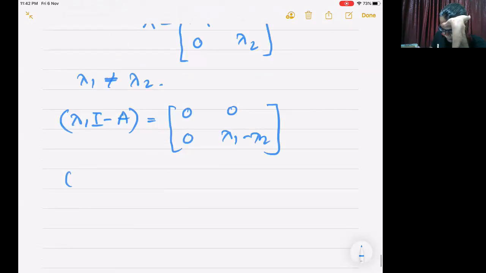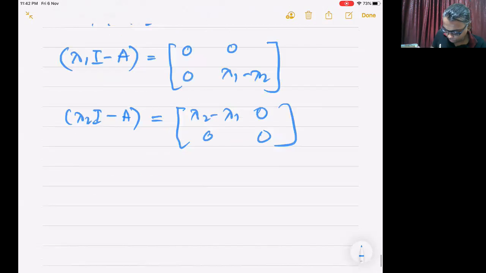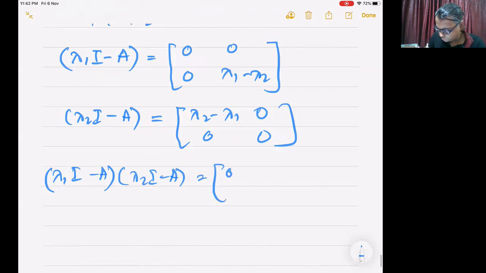And also if I look at lambda 2 identity minus A, then that must be equal to lambda 2 minus lambda 1 0 0 0. If I now look at the product of the two, lambda 1 identity minus A into lambda 2 identity minus A, that's 0 0 0 lambda 1 minus lambda 2 times lambda 2 minus lambda 1 0 0 0.